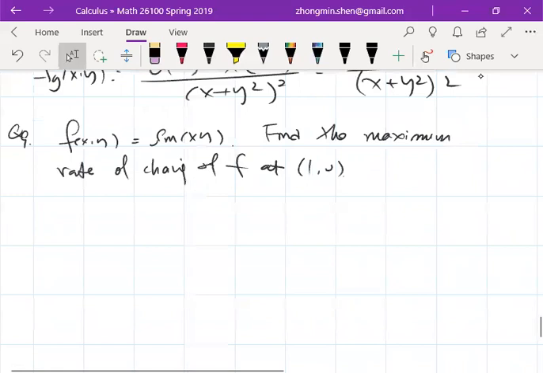How to do this type of problem? I think you have to write down at the very beginning what you want to find out.